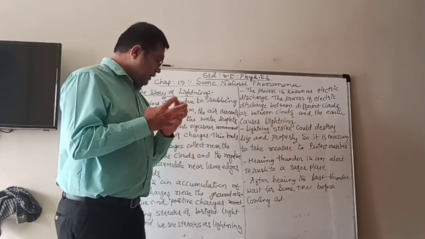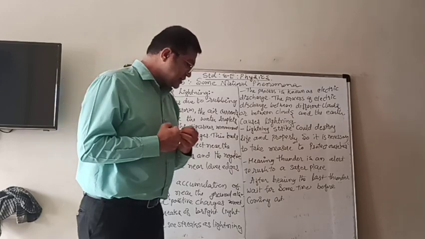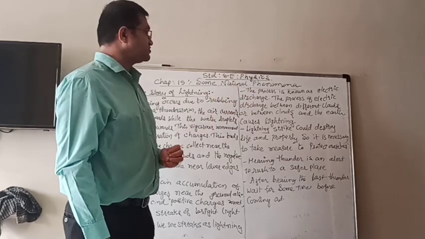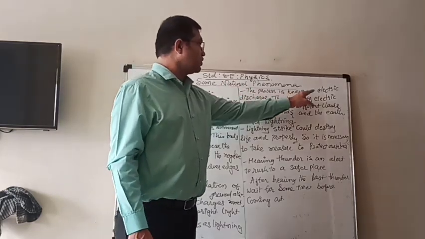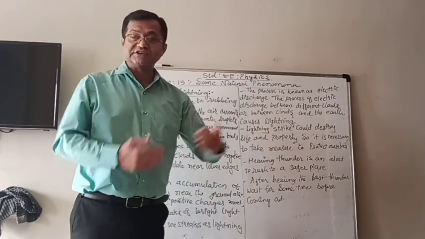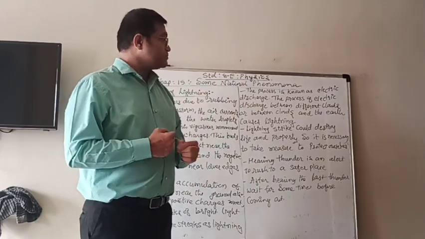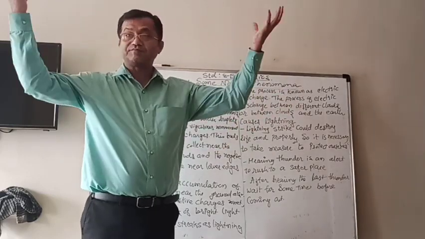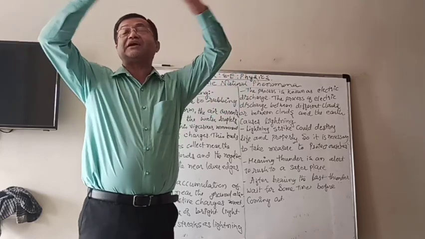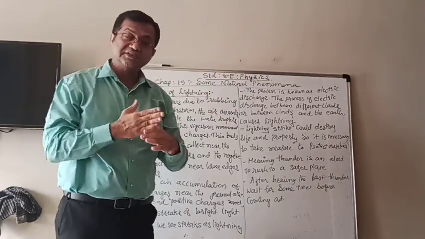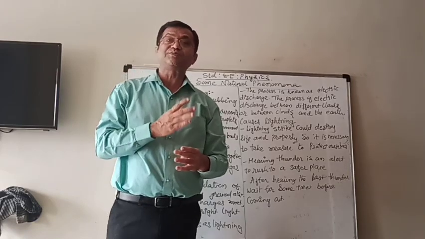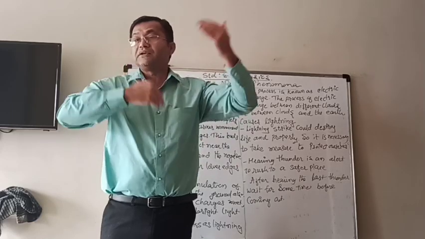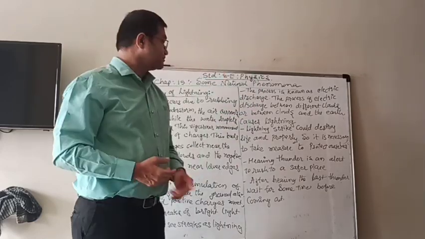Now, the process of electric charges meeting is known as electric discharge. This process is known as discharge. Sometimes we see only the lightning in the sky. Why? Because the electric discharge takes place between different clouds, or sometimes between the clouds and the earth.